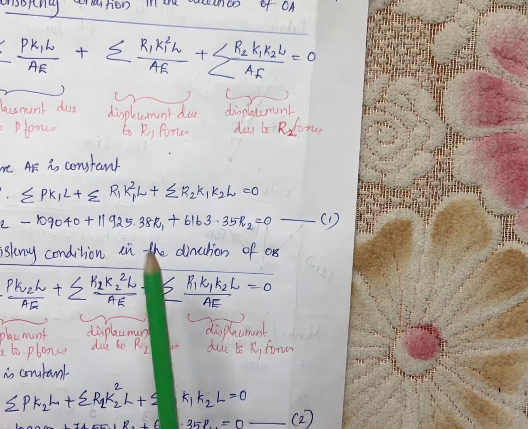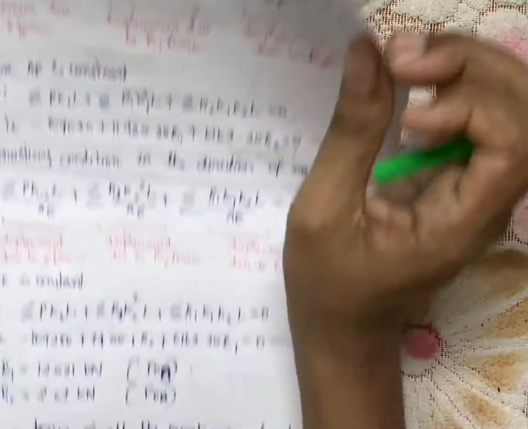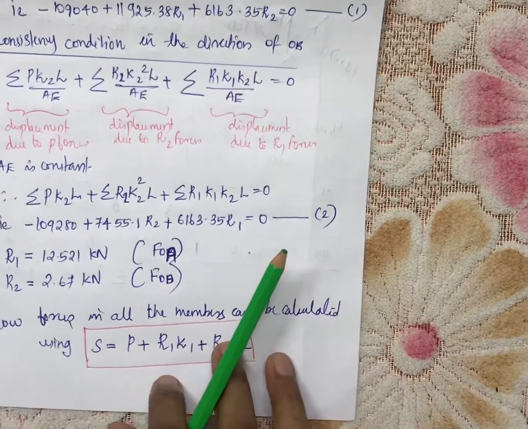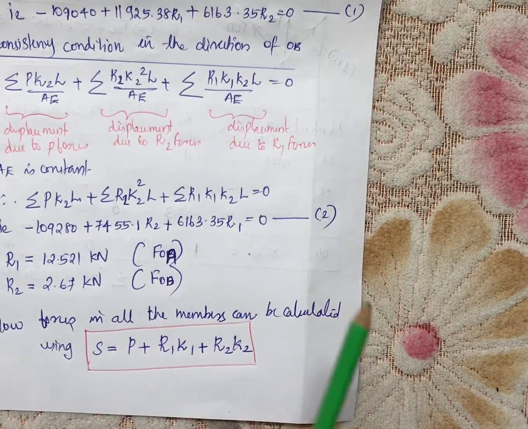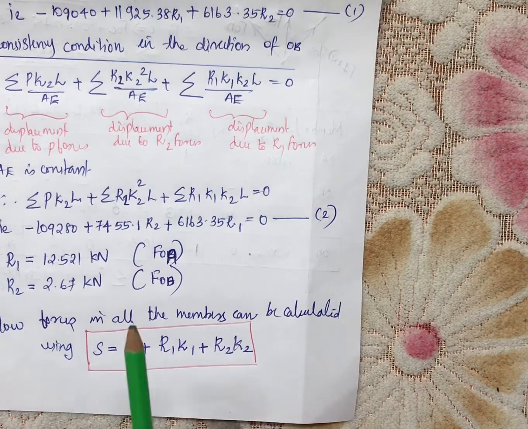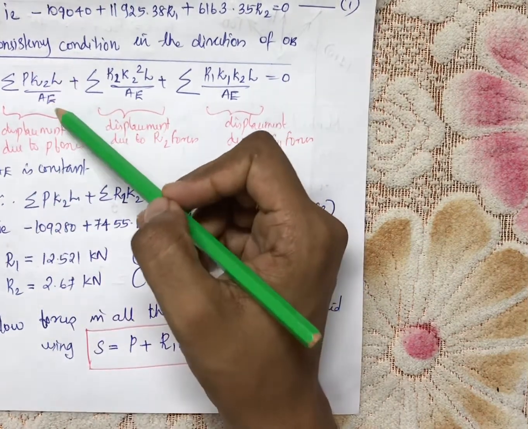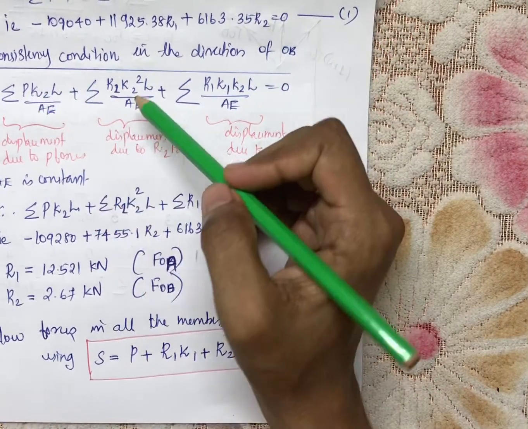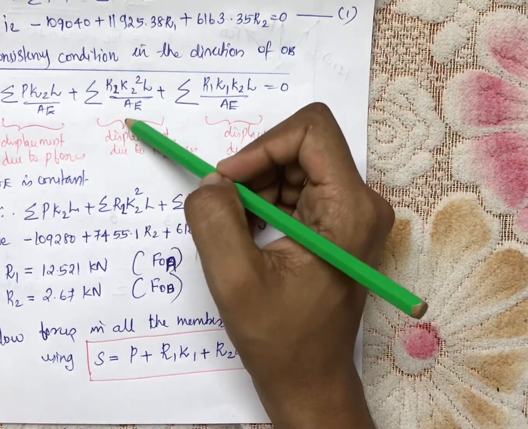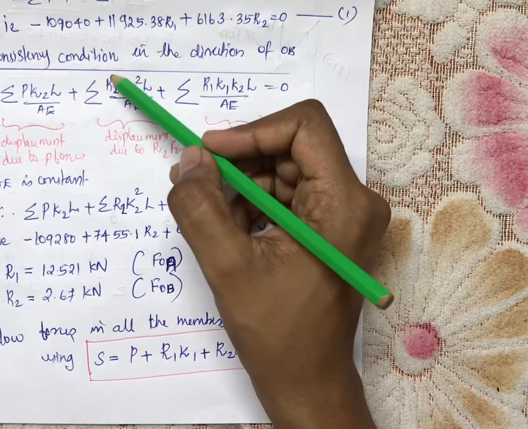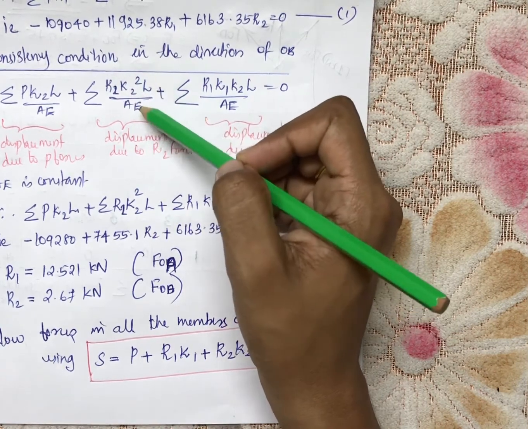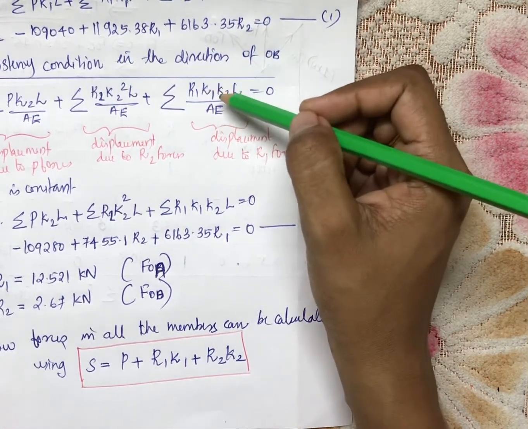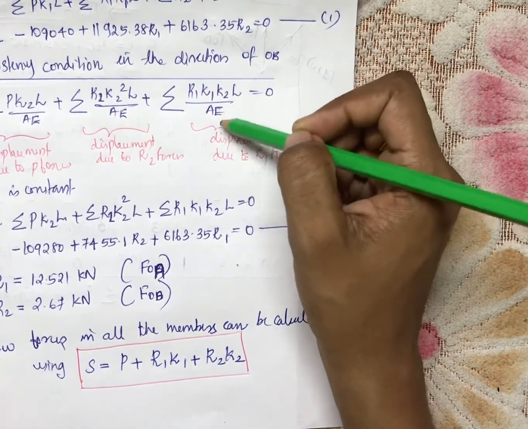Then the next consistency condition is in the direction of OB. That means summation PK2L by AE, that is for the second redundant, plus summation R2 K2 square L divided by AE plus summation R1 K1 K2 into L divided by AE.